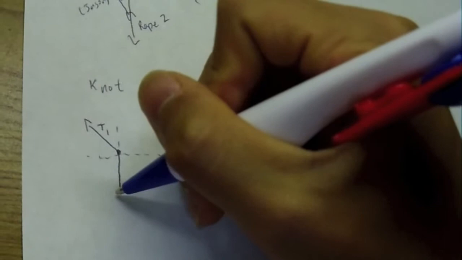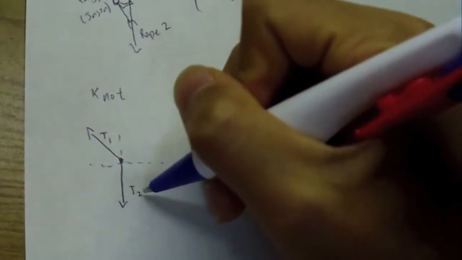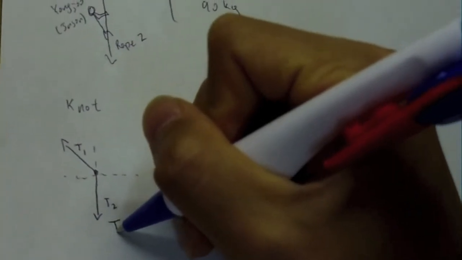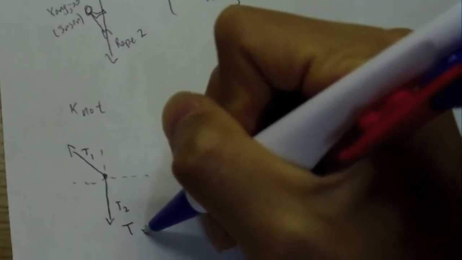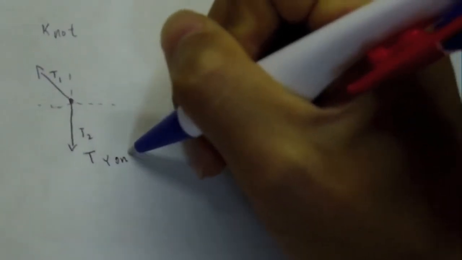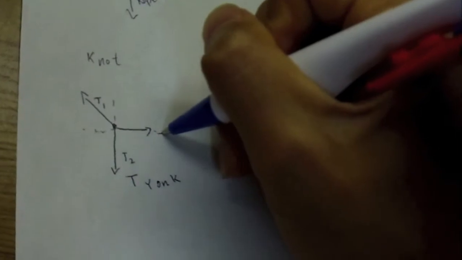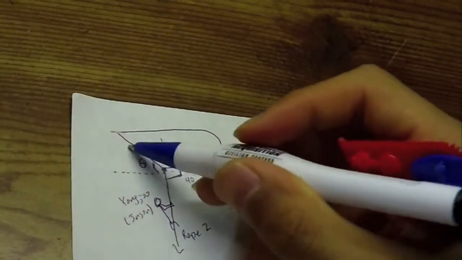And then tension going down, which is going to be T2, which I'm going to call T Youngju on the knot. And of course, T3, which is this. There's T1, T2, and T3. That's for the knot, which is here.